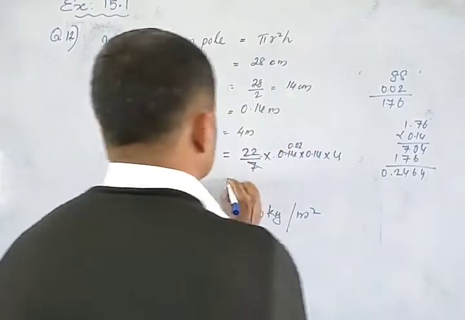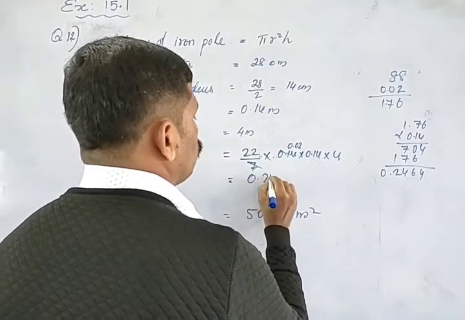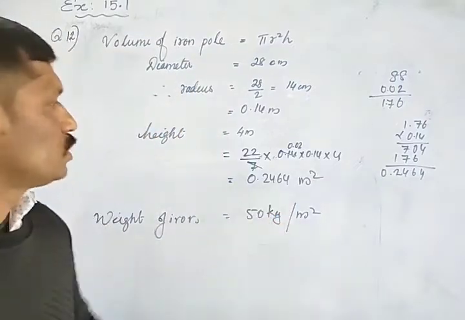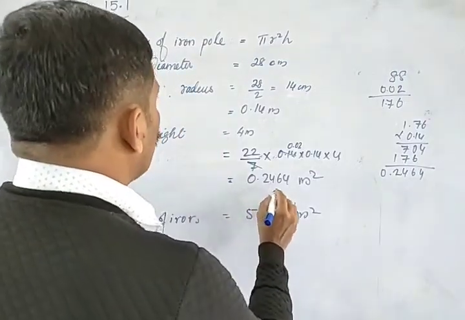That means it is 0.2464 meter cube, which is the volume of that iron pole.